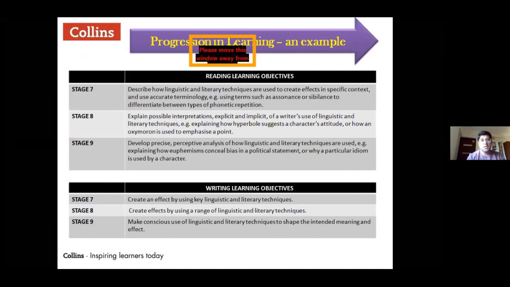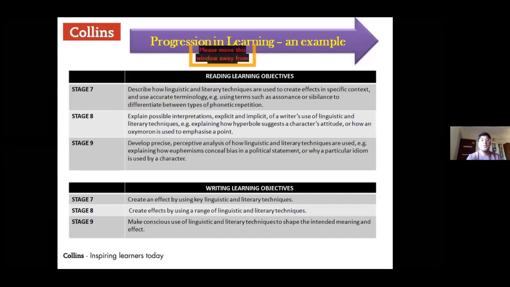The progression of learning: this is what your learners by the end of stage 7, stage 8, and stage 9 should be thorough with in the reading and writing learning objectives. By the end of stage 7, they should be able to understand at least the linguistic and literary techniques used to create effect in specific contexts.